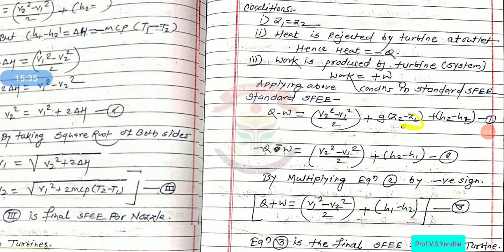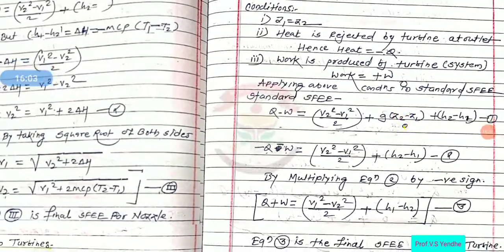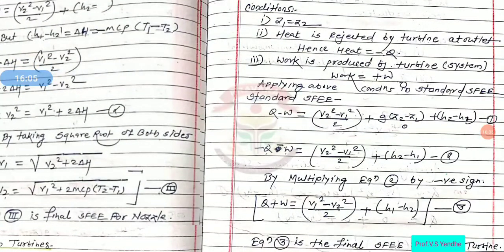If we put in the above conditions, in place of Q we place minus Q, and in place of W we place a positive W, so we get minus Q minus W. Nothing is said about the kinetic energy. As Z1 is equal to Z2, that term also becomes 0. Then only H2 minus H1 remains.